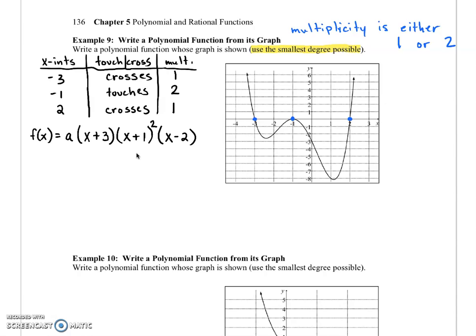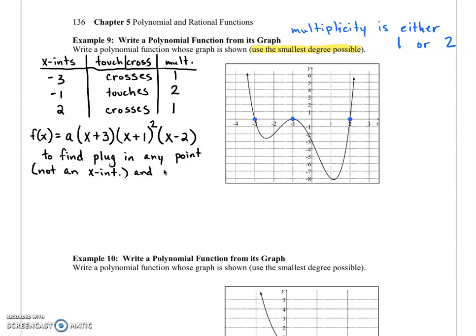Well, the easiest thing to do is to take any point, as long as it's not an x-intercept, but any other point, and then solve for a.